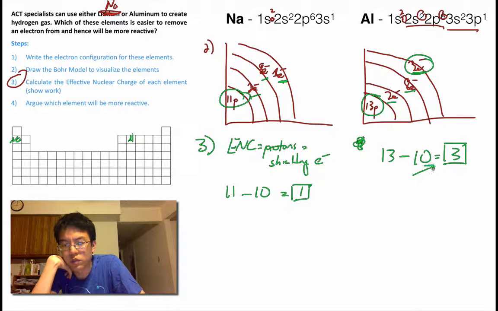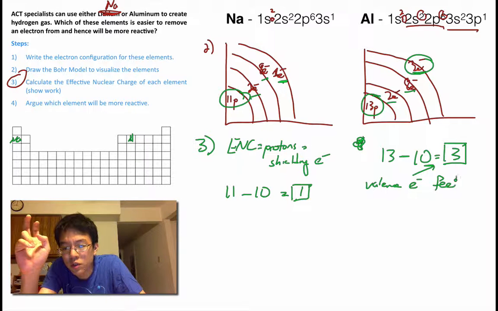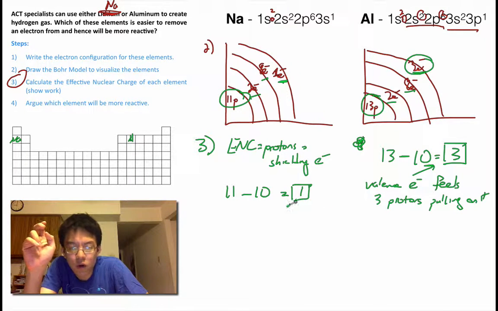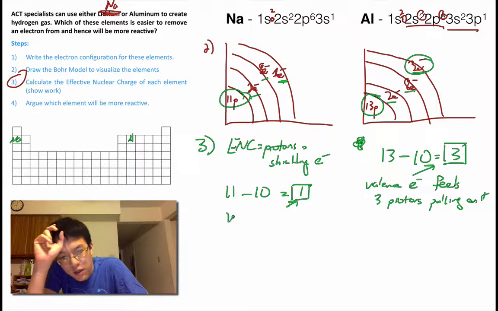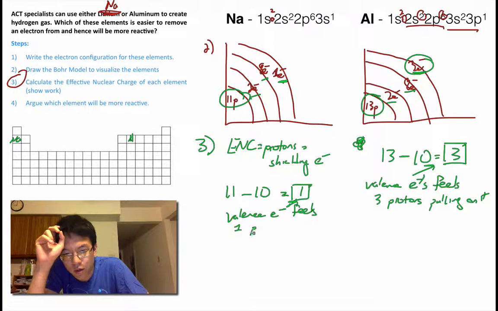So what this 3 means is that the valence electron, as an estimate, feels 3 protons effectively pulling on it, whereas for sodium, the valence electron feels 1 proton pulling.